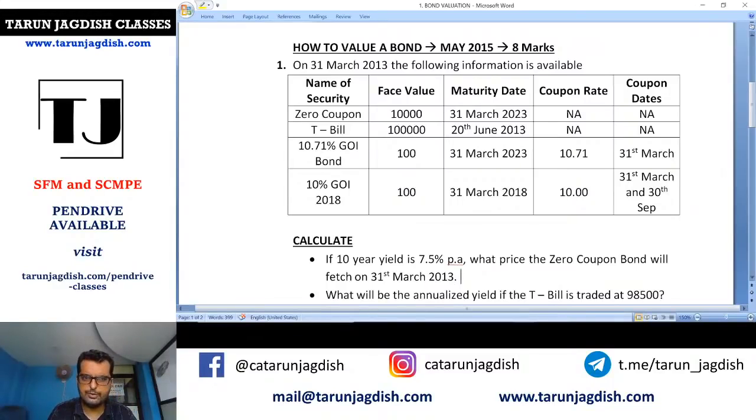Okay. If a 10-year yield is 7.5 percent, what price? So the requirement is what price the zero coupon bond will fetch. So the question over here is what will be the price of a zero coupon bond?